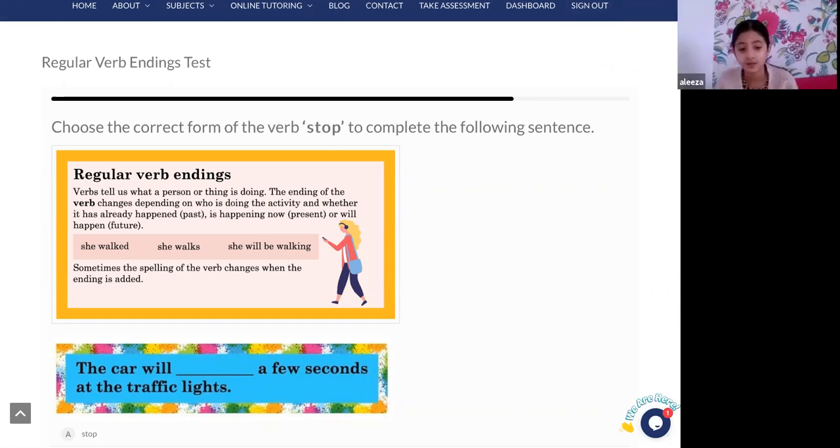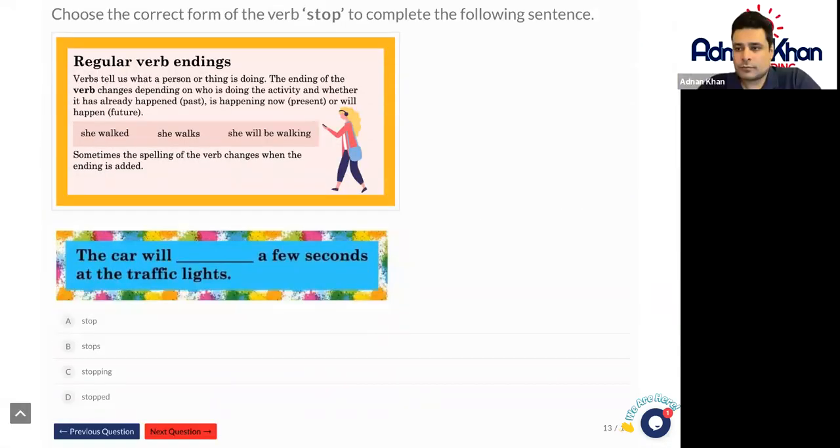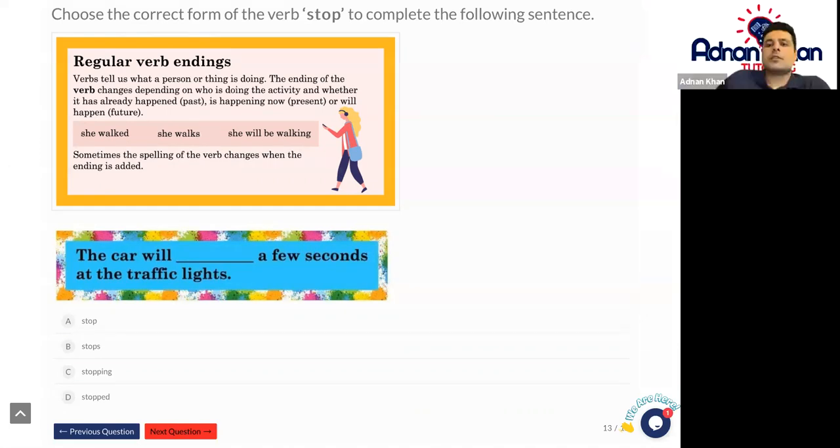So it was the car will stop. The car will stop a few seconds at the traffic lights. Yeah, that's good. So when the traffic lights turn red, cars always have to stop.